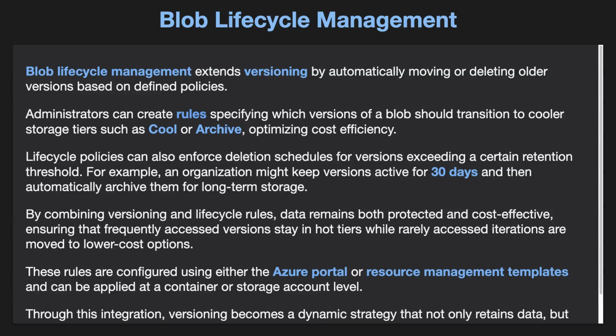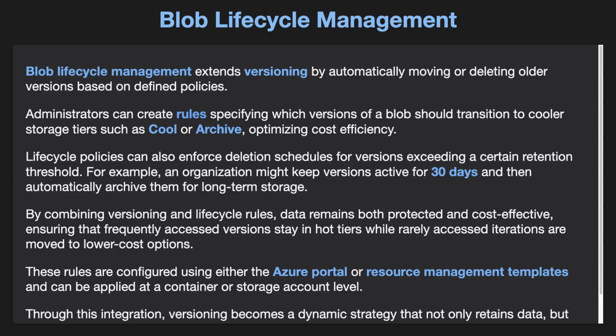Blob lifecycle management extends versioning by automatically moving or deleting older versions based on defined policies. Administrators can create rules specifying which versions of a blob should transition to cooler storage tiers, such as Cool or Archive, optimizing cost efficiency. Lifecycle policies can also enforce deletion schedules for versions exceeding a certain retention threshold.